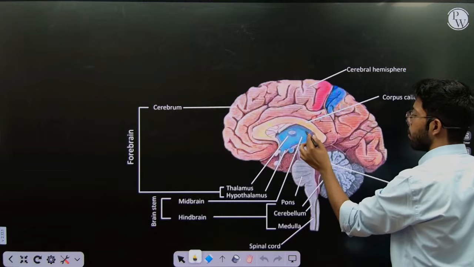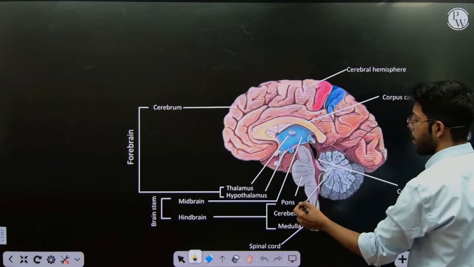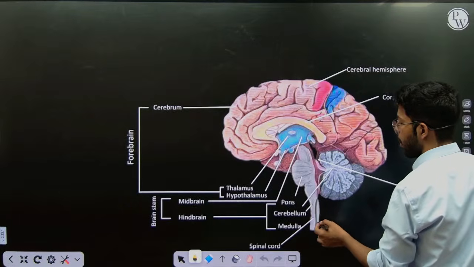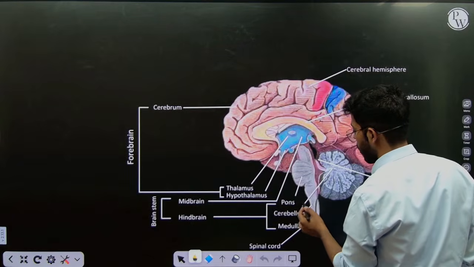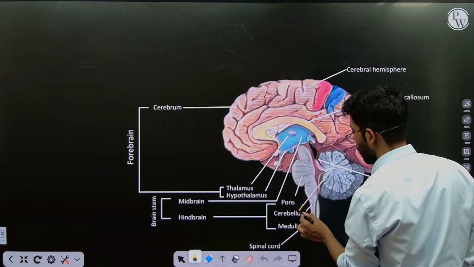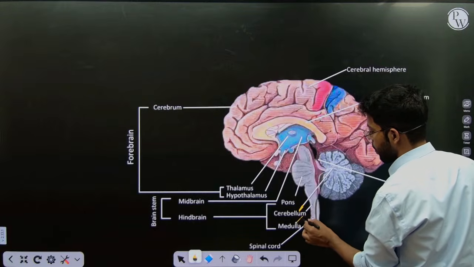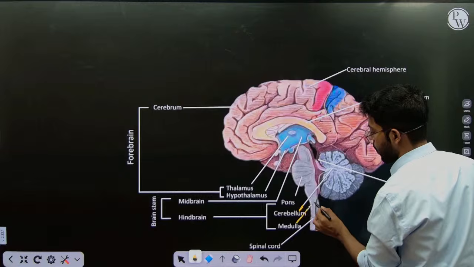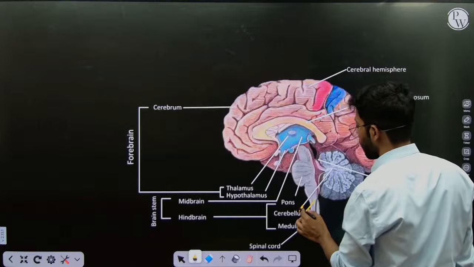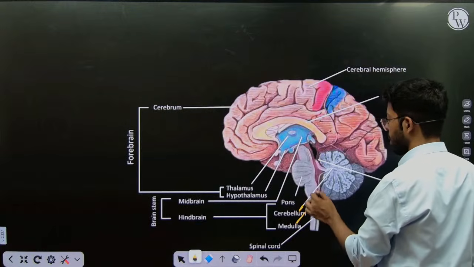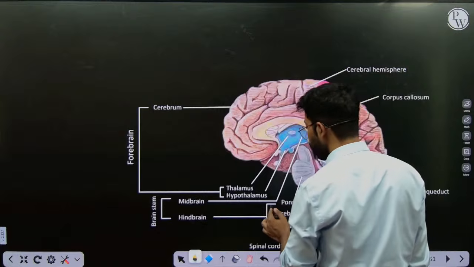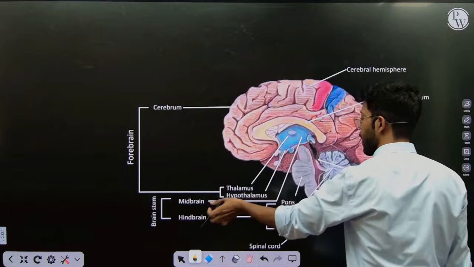Midbrain is present centrally, and then we have pons varolii and the cerebellum. This is the cerebellum, and this is the medulla. This is cerebellum, this is pons, and this one is the medulla, and they are the parts of hindbrain.